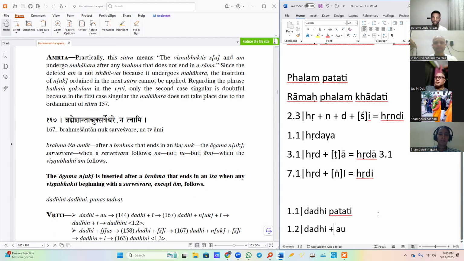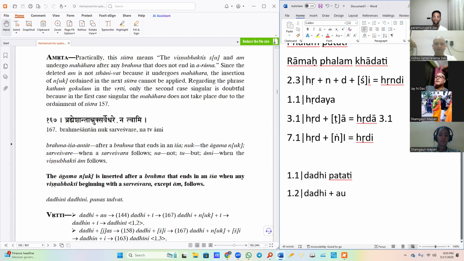Dadhi ends with Isha, right? Avarjita Sarveshwara. Dashavatara Isha, right? When we exclude Advaya from Dashavataras, then we get Isha.